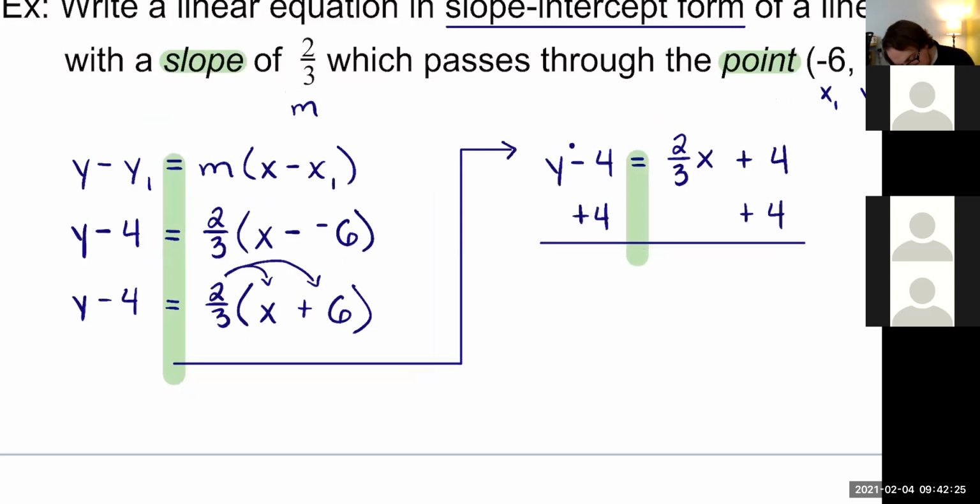So on the left, y minus 4 plus 4 is 0, which leaves us with our y by itself. Bring down my equal sign. 2/3 x, I didn't touch that anymore, so it's still 2/3 x. And then 4 plus 4 is going to give me a positive 8.